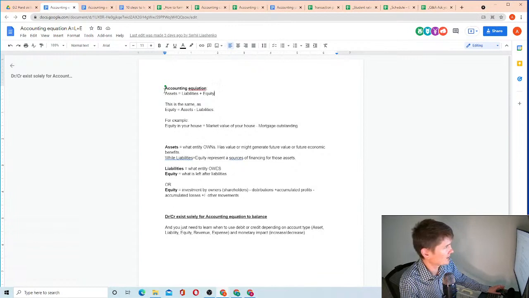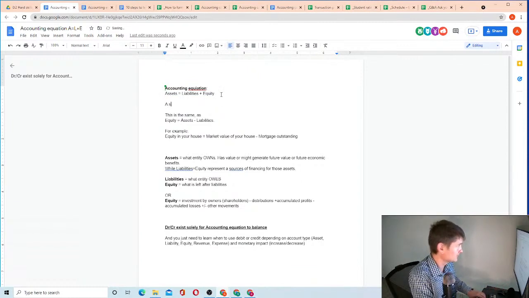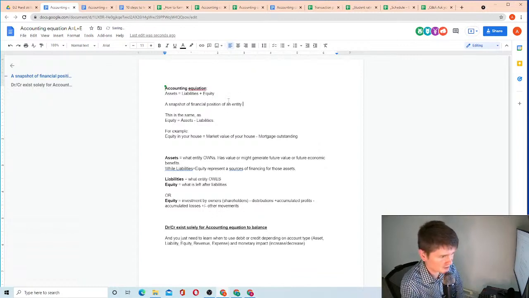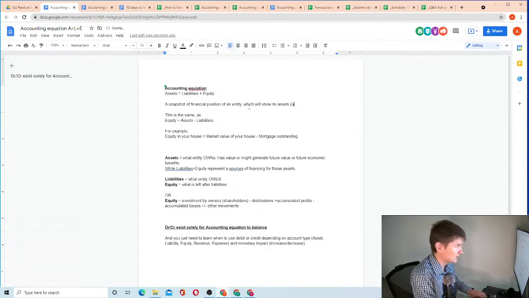And that presentation goes back about 700 years, when the Italian Luca Pacioli decided that he wanted to have a snapshot of the financial position of the entity, which would show its assets, what it owns and what it owes.